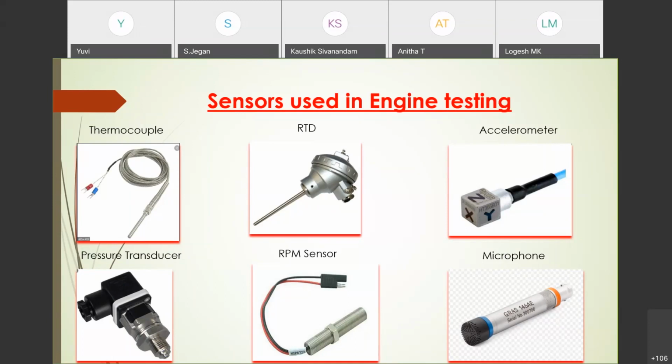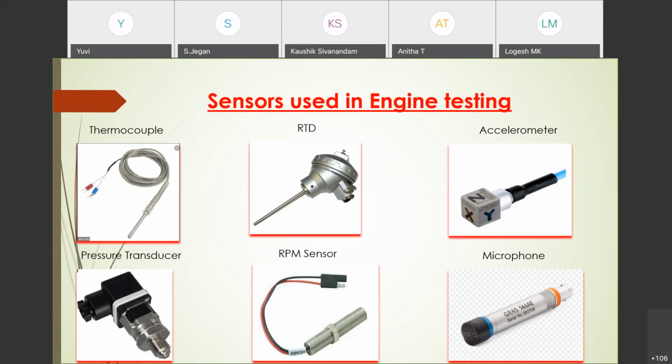Next is thermocouple. Thermocouple is a sensor used to measure temperature as well. But the concept behind thermocouple is different compared with RTD. In a thermocouple, two dissimilar materials are twisted together and welded. When this point is exposed to temperature, we get the electrical output accordingly.